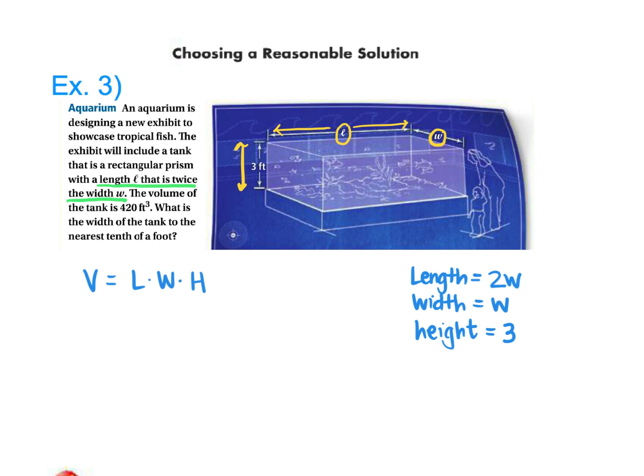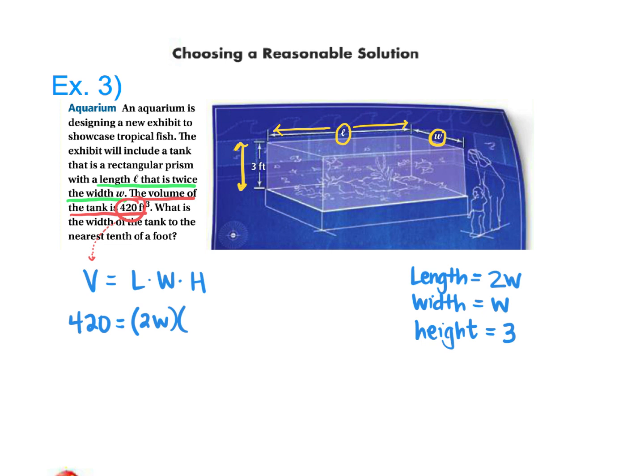All right, then we take our last clue from the problem, which says the volume of the tank is 420 cubic feet. So we're going to take that number 420 and it's going to go in for the volume. So let's see what we've got all together. 420 goes in for the volume. The length is going to be 2W.